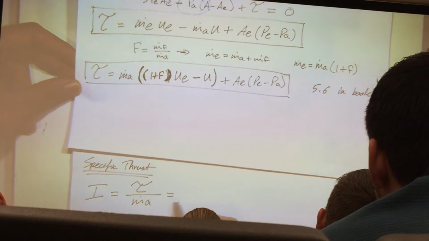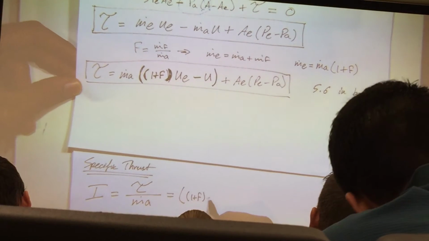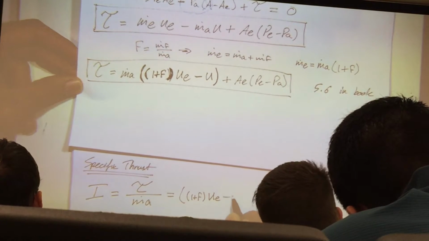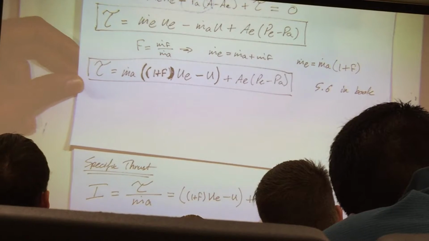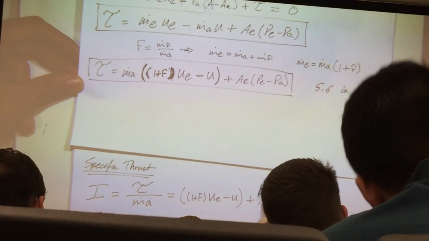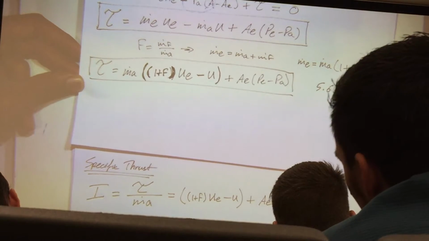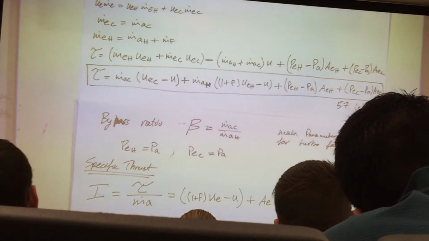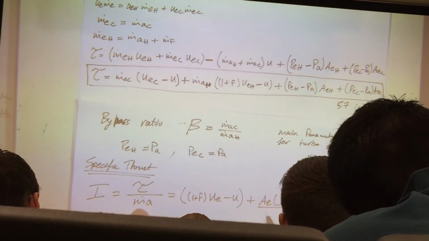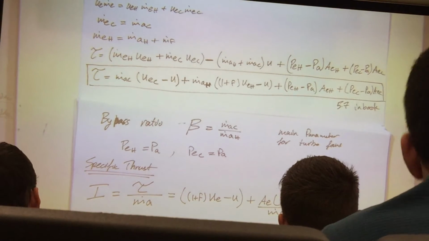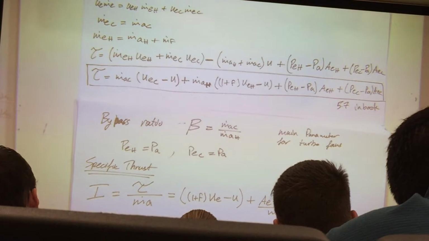Well, it's equal to (1 plus my fuel air ratio) multiplied by (U exit minus my U flight velocity, the free stream), plus area exit multiplied by P exit. This is divided by m dot A. And this is for the turbojet.